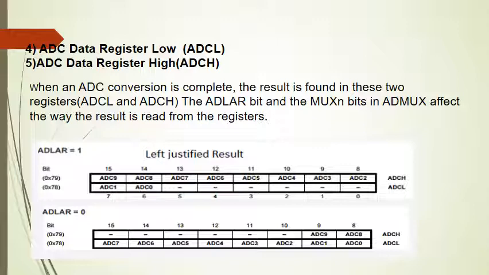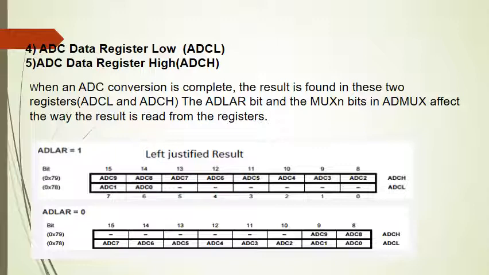Coming to the next two registers, the data register low and data register high, we have already discussed that in these two registers the result of the ADC conversion, which is a 10-bit number, is stored. The manner in which the data will be stored is decided by the ADLAR bit, which is in the ADMUX register. Again we'll revise that if the ADLAR bit of the ADMUX register equals 1, then the result will be left justified.